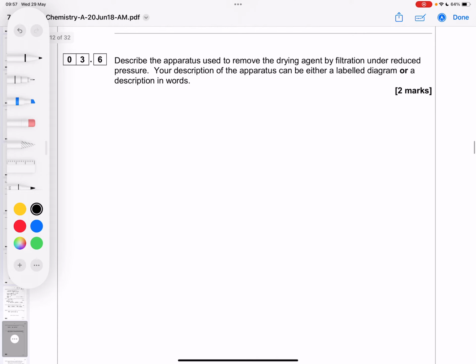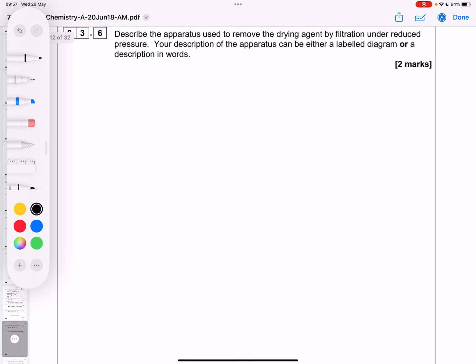Now it wants us to draw reduced pressure filtration. So we need to draw a diagram of a Buchner funnel. A Buchner funnel is kind of like a squared off funnel. Remember, don't close any of the openings on these pieces of apparatus. So that's our Buchner funnel. It has a sintered base, like a base with holes.